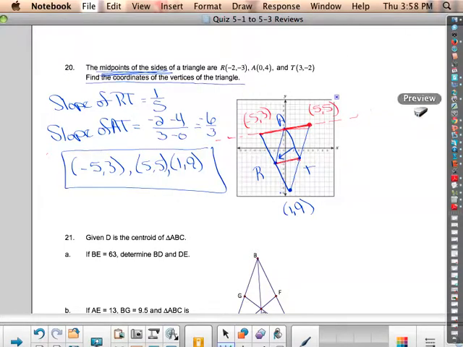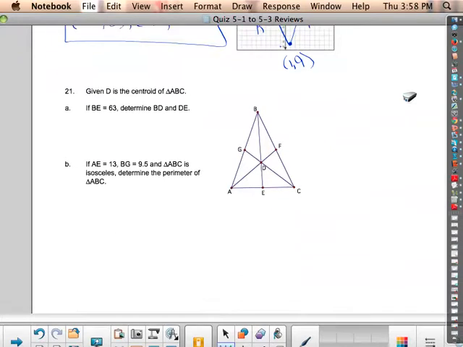And finally, the last question says, given D is the centroid. D is the centroid, so that tells you a couple of things. If it's the centroid, it's the intersection of the medians.